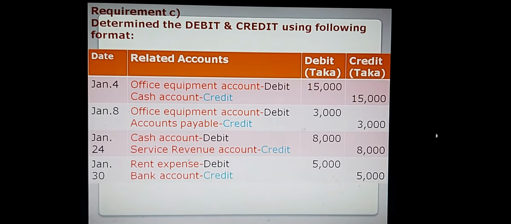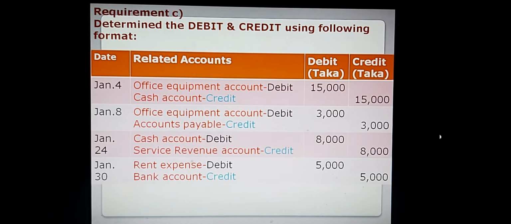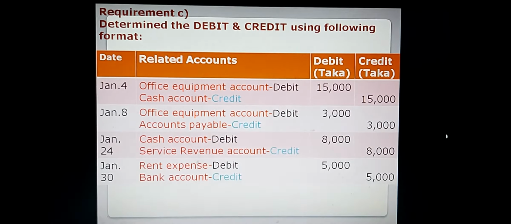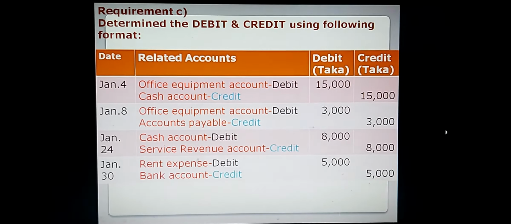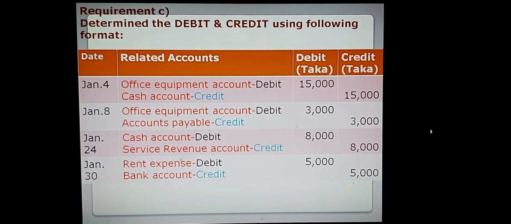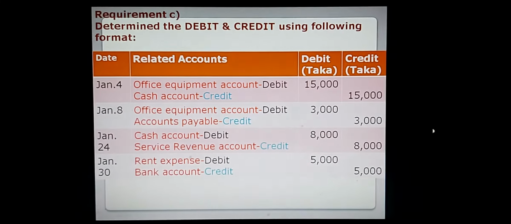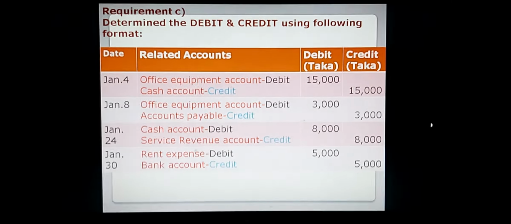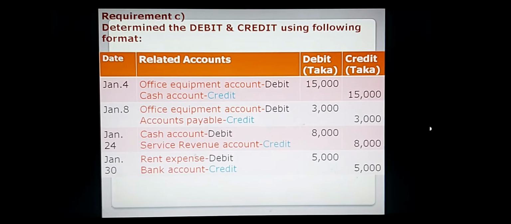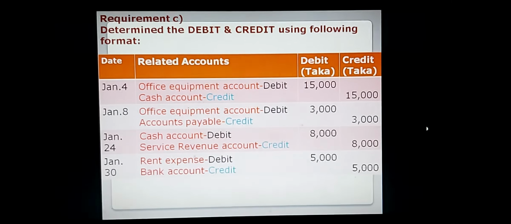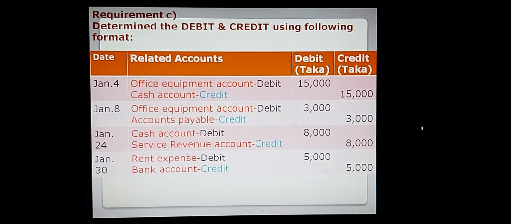January 24, received money for photocopy of paper or other items. This business is a service providing institution. Then received money, so cash has come into business from another source. When cash comes in, then asset increases, so cash account is debit.